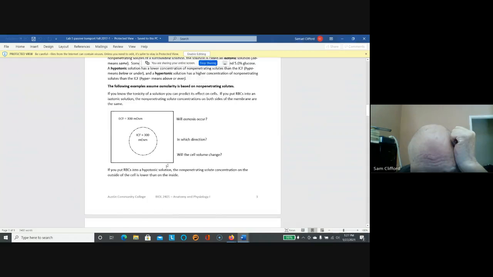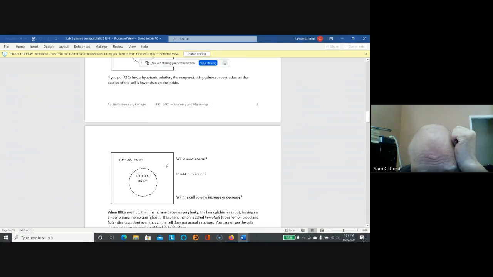On the other hand, suppose you have this situation. The extracellular fluid is 250. The intracellular fluid is 300. So there's a higher concentration of dissolved materials inside. So water will move from the outside into the inside, and this cell will swell and burst, because there's more water in this extracellular fluid because it has less solute.